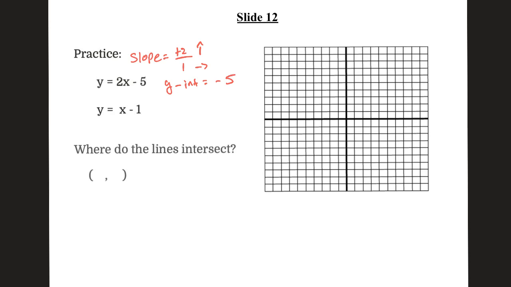So 1, 2, 3, 4, 5 goes there. And then I'm going up 2 over 1, up 2 over 1, up 2 over 1. Again, I'm just going to backtrack 1 just in case, so I'm going to go down 2 to the left 1.